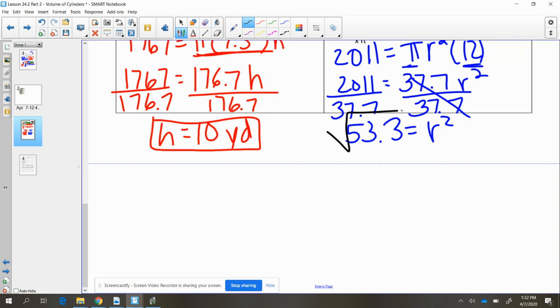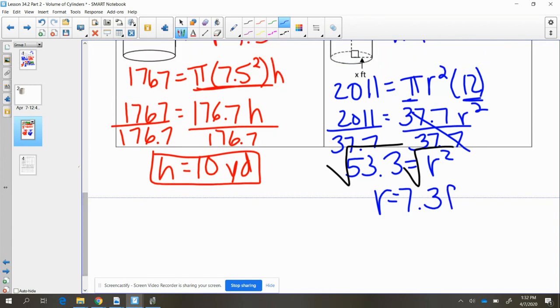So again, make sure you square root to get your final answer, about 7.3, 7.4, depending on your rounding throughout this. Again, this is just going to be feet because we're not talking about the volume, we're just talking about the size of our radius. It's not cubed or squared, it's just feet.